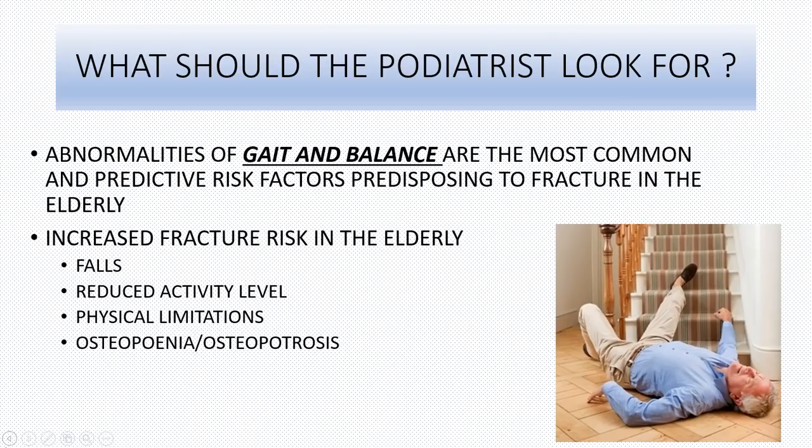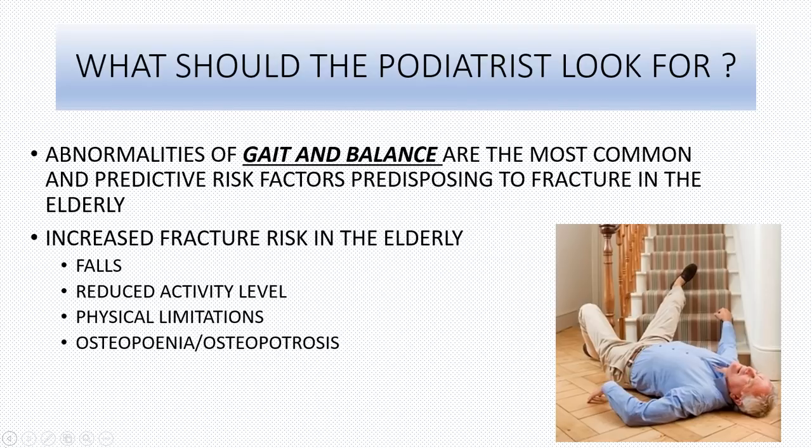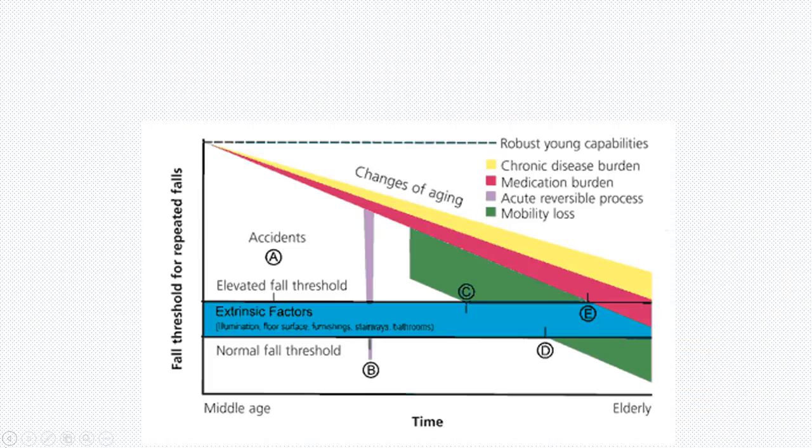We want to look at their physical limitations. We want to look at the presence of any osteopenia or osteoporosis and perhaps intervene as necessary. So your job is to incorporate an annual fall risk and again evaluate patients for these risk factors. Looking at the elderly patient, we know that with aging there's increased risk of falls.